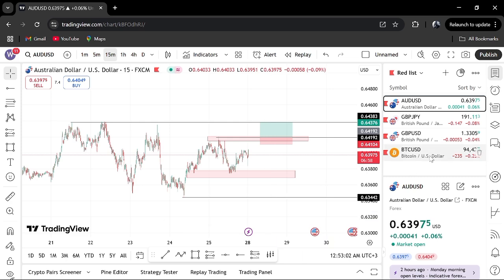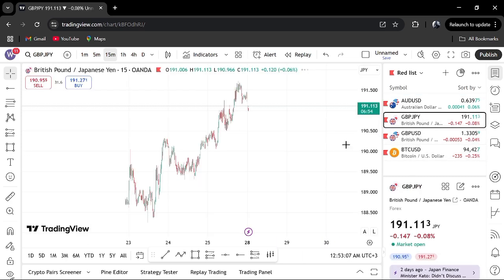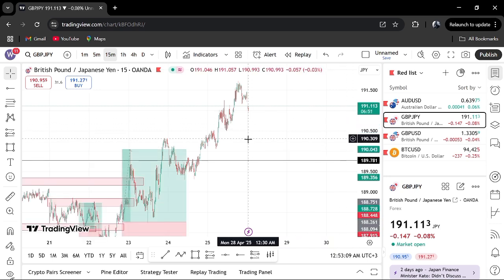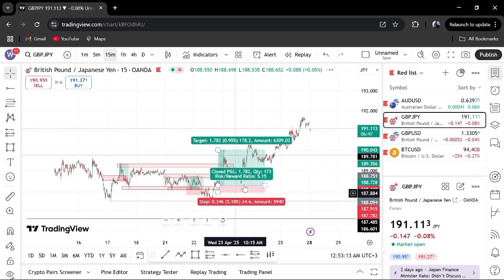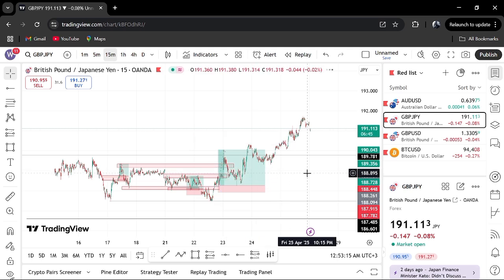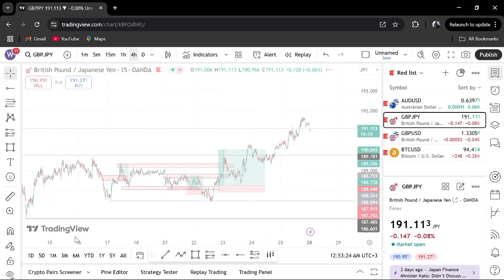So let's come to GBPJPY, the British pound and the Japanese yen. Last week's trades were here, a little bit complicated, but they went all good. So we're going to reset it and come back to the 4-hour chart.